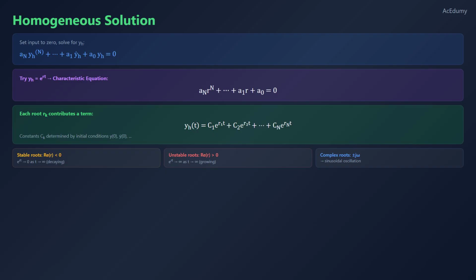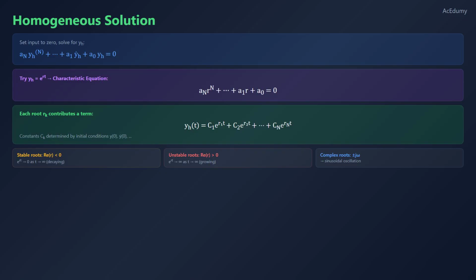To solve the differential equation, we split the solution into two parts: y equals yh plus yp. The homogeneous solution yh satisfies the equation with the input set to 0. We try yh equals e to the rt, substitute into the left side, and extract the characteristic equation: an times r to the n plus ... plus a1 times r plus a0 equals 0.